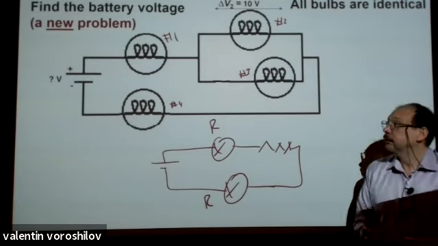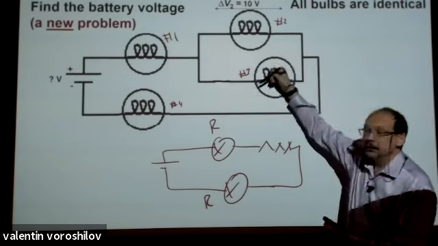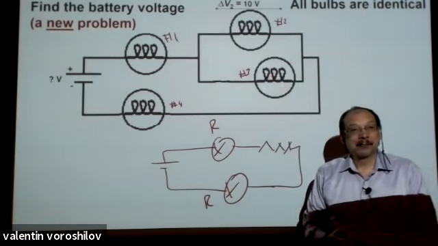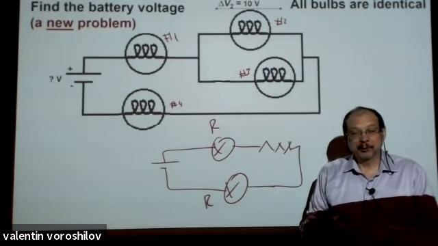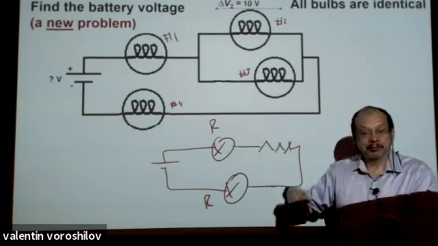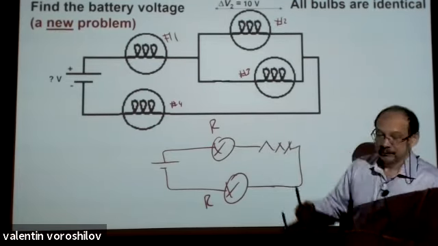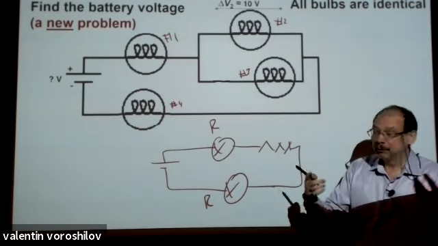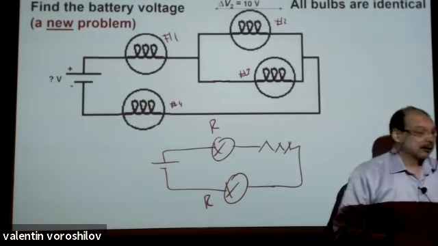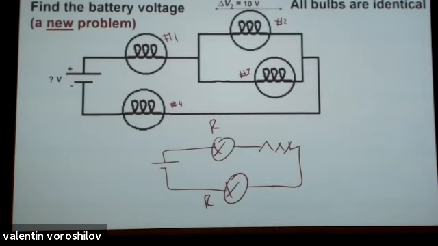Well, we know the rule. For identical resistances, resistance could be only doubled or cut in half. For connection in series it is doubled, for connection in parallel it's cut in half. So this equivalent resistance should be equal to 1/2 of R.